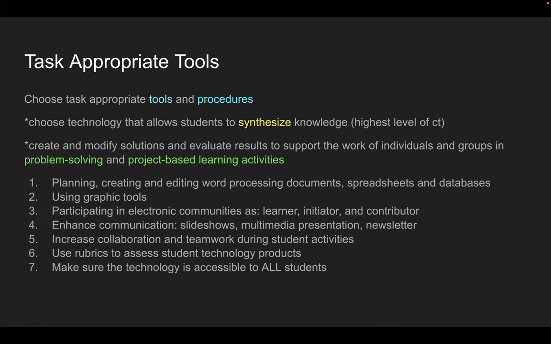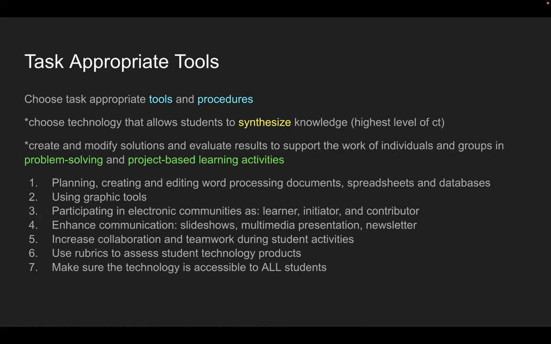And then 7, very, very important, we would never choose a technology that is not accessible to all students. So you can't choose it. Like if you have a special ed student and one student is unable to use whatever technological tool you chose, that's not okay. They're in your class.